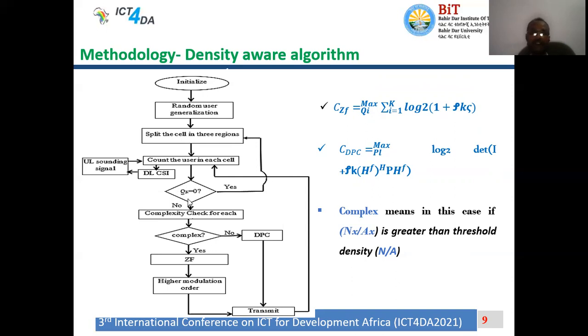So if there is no user within a specific cell, then we can reiterate the counting with the same procedure.